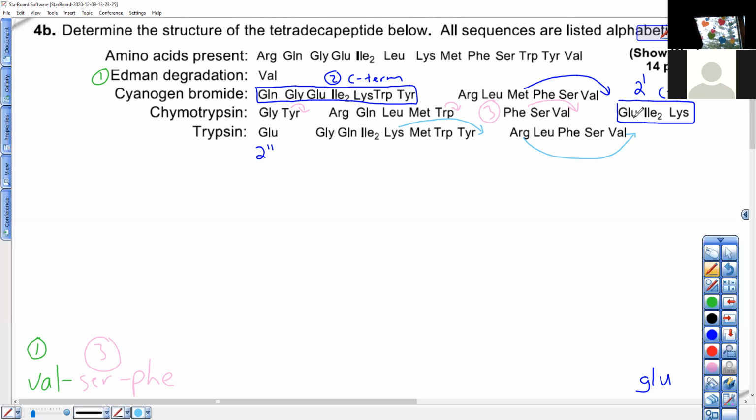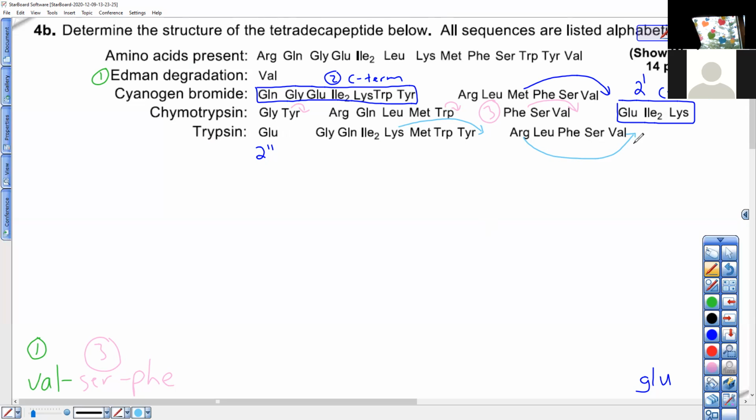And look, it's in here, right? Maybe we can work with that, the fact that these are the last 4 and Glu's the last one, and Lys is after both isoleucines. Yeah, that's it. Lys is after both isoleucines, and definitely Glu's at the end.